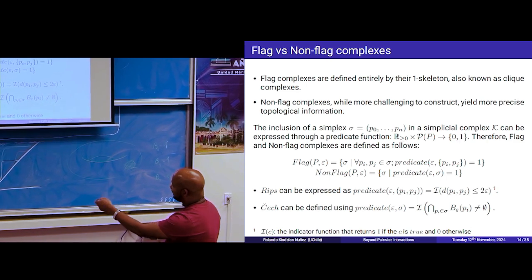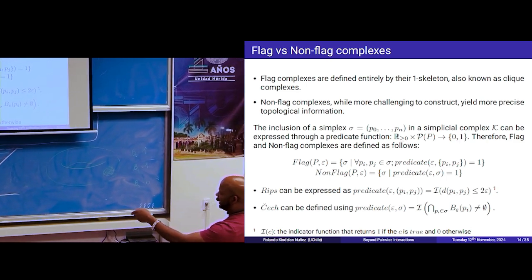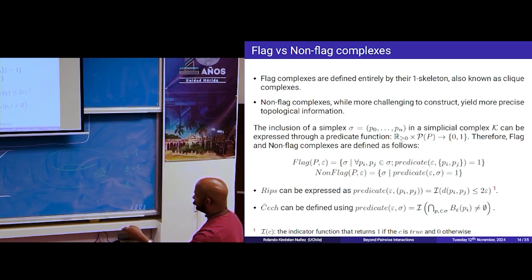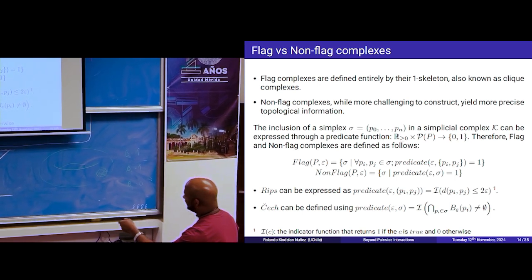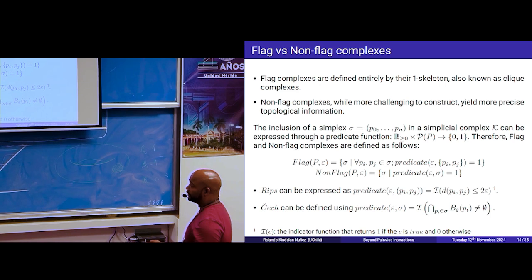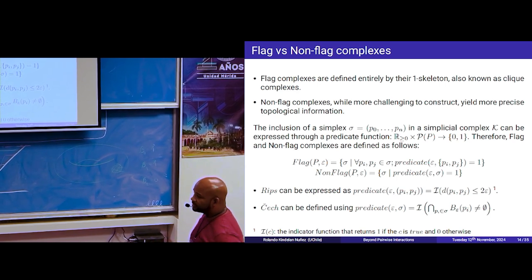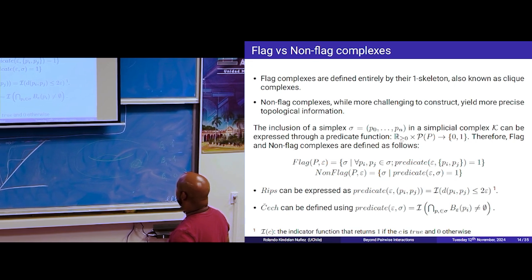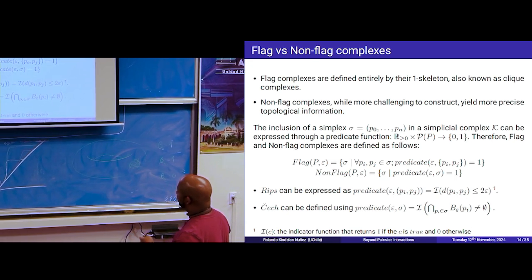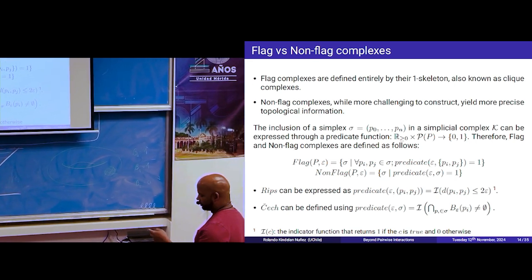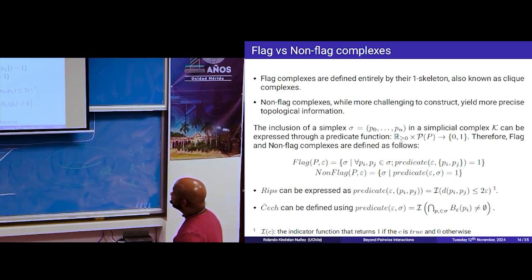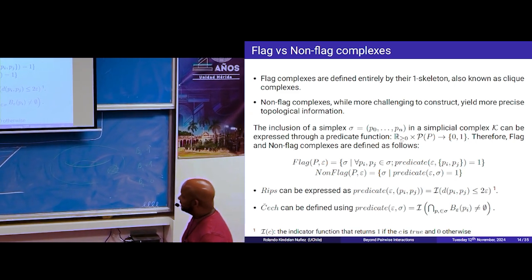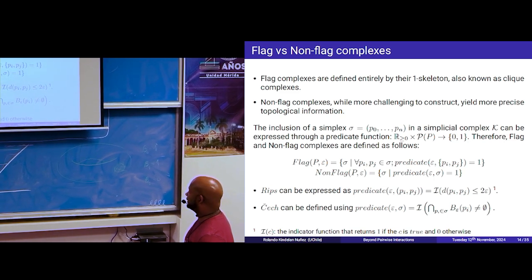So we can represent the predicate for the Rips complex in this way, and the predicate for the Čech complex in this way. This is the indicator function that evaluates the condition and returns 1 or 0 depending on whether the condition is true or not. Okay, I don't know if you have any doubts, you can interrupt me and ask.